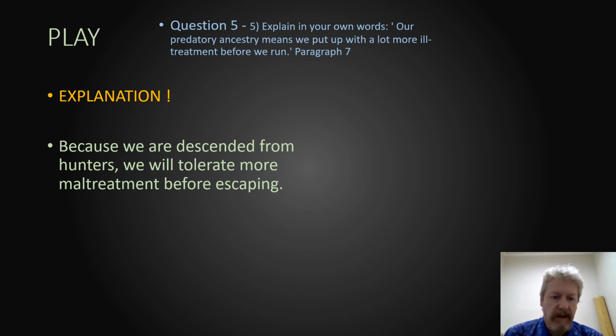It could be abuse as well. We will put up with a lot more abuse. We will tolerate more maltreatment before escaping, before we run. So it's just explaining it, the same meaning. We're not changing any meaning, but it works well because this phrase, we can basically use synonyms to do it, but it is still a sentence explanation.